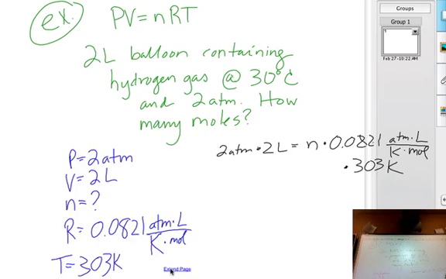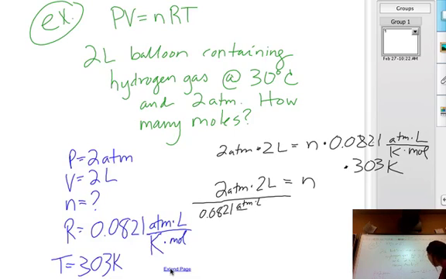Alright, so I didn't exactly leave myself enough room, but we can rearrange this pretty easily, right? We're going to end up with 2 times 2 liters equals n, and we could take these and divide them over here. So we end up with 0.0821 ATM liters per Kelvin moles times 303 Kelvin.